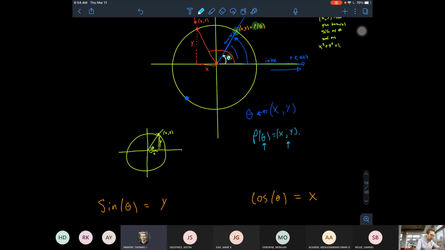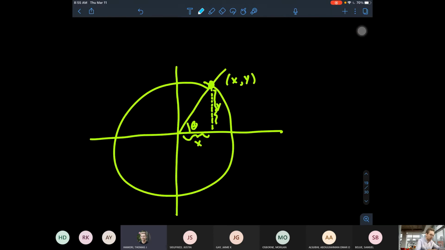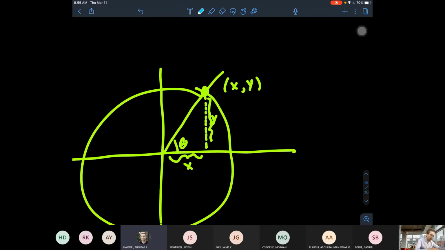So if we have our unit circle here, and we are given x comma y, then what this is saying is that y is equal to sine of theta and x is equal to cosine of theta.